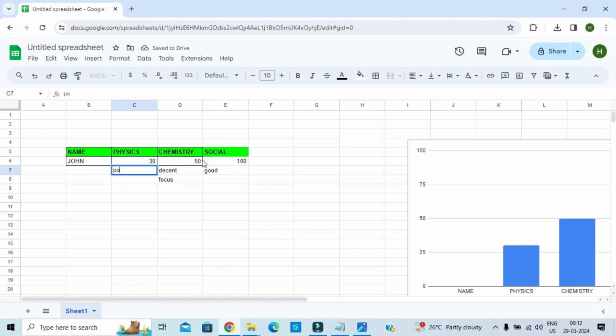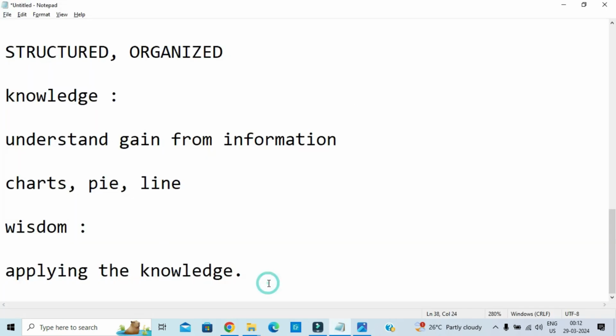John has got poor marks in physics, so he needs to focus more on physics. This is how I apply the knowledge. I'm going to take the decision. I'm going to say, John, please focus on chemistry and physics so that you will improve your scores in the next coming examination.